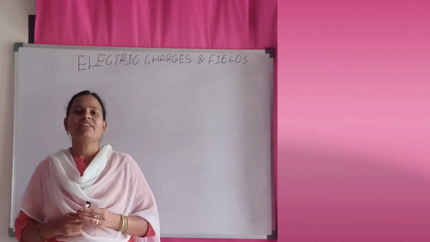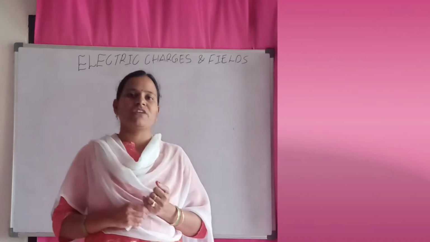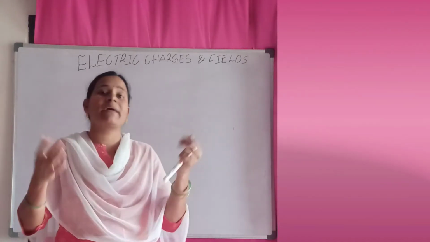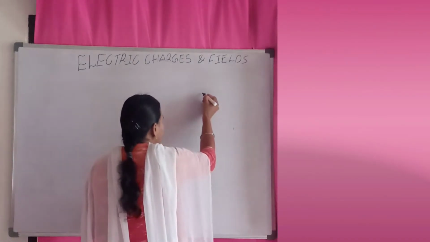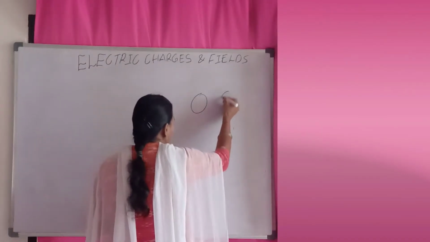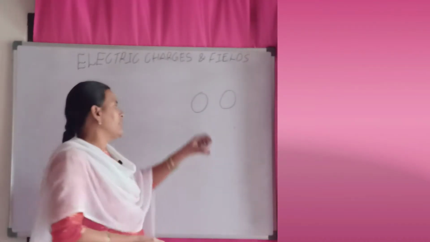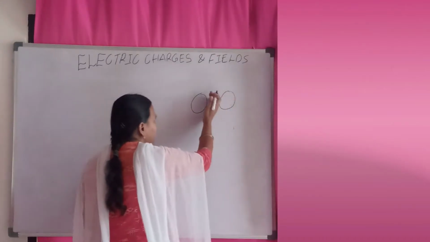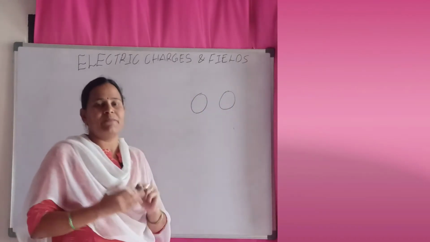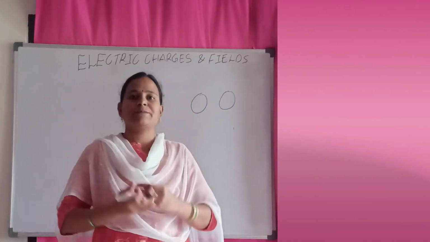Here he gave the force acting between two point charges, and for this he did many experiments. First he took two metallic spheres, A and B. One is a charged metallic sphere with charge Q, and he brought the second sphere near to the first. By contact, the charge goes to the second sphere also.